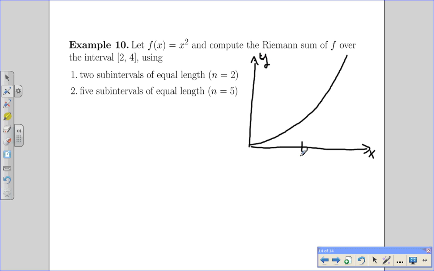And it goes from 2 to 4. So we're going to find this area here. This height is 4, and this height is 16. This is not to scale.